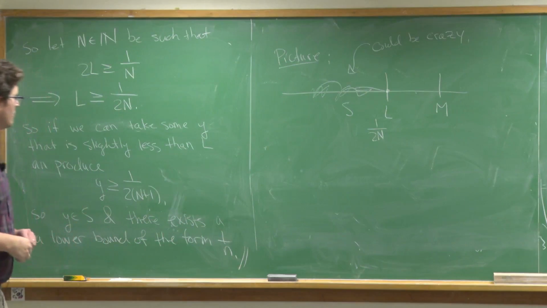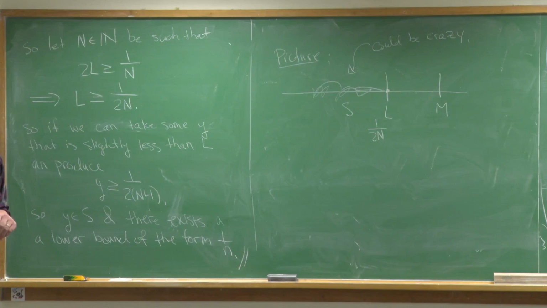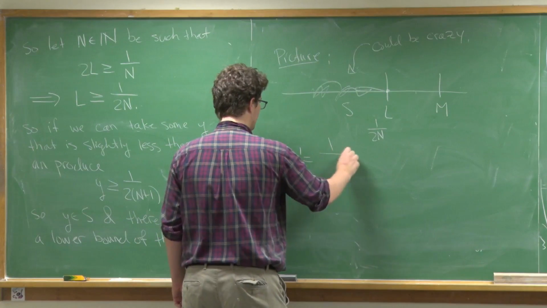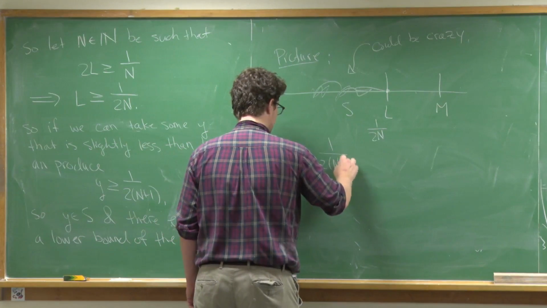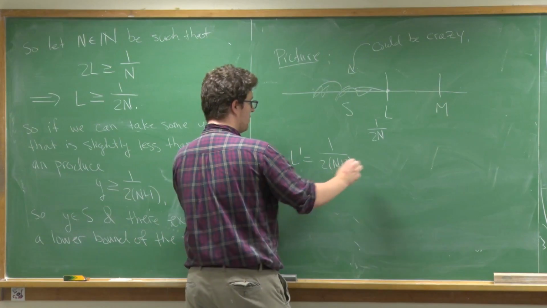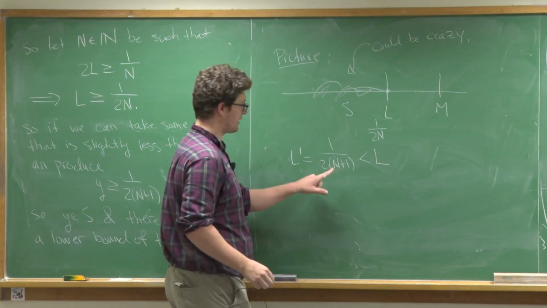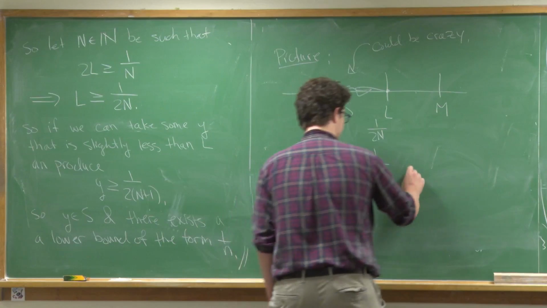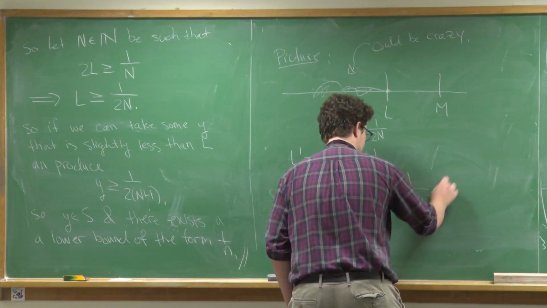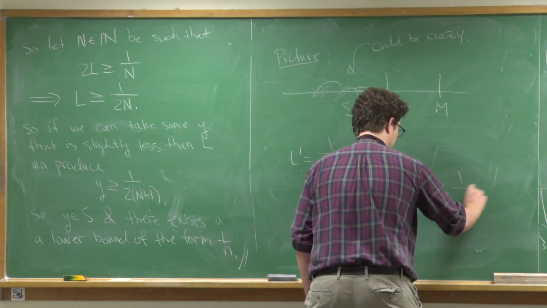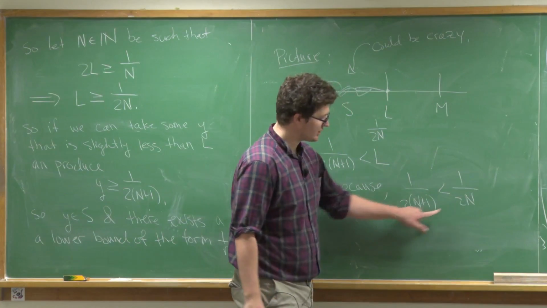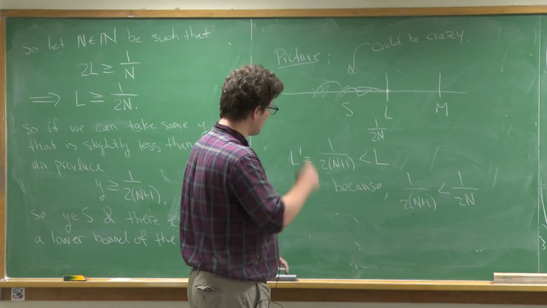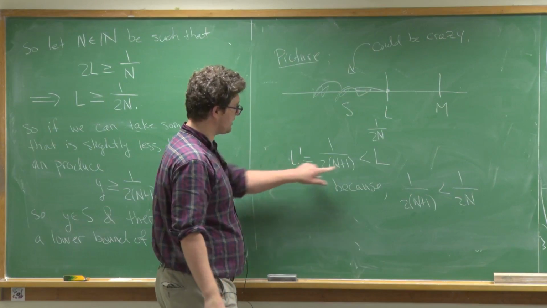So we said by the least upper bound property, if L prime is equal to 1 over 2n plus 1, this thing we know is less than L. In particular, because 1 over 2n plus 1 is strictly less than 1 over 2n. I'm dividing by something larger, so it's smaller. So we have this thing is less than this.